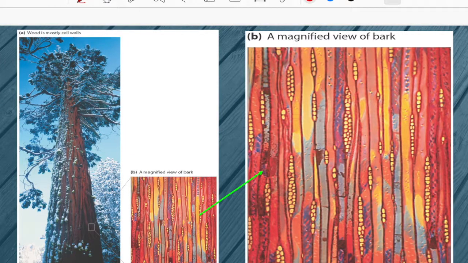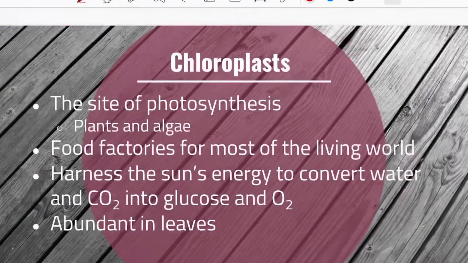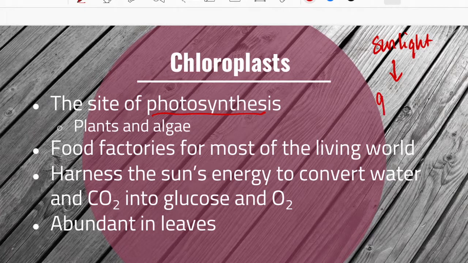All right, and this is a magnified view of bark. Chloroplasts are very important for plants because they are the site of photosynthesis. So this is the organelle in which sunlight gets converted into glucose. All right, so this is how plants eat. It's the only way they can get energy.